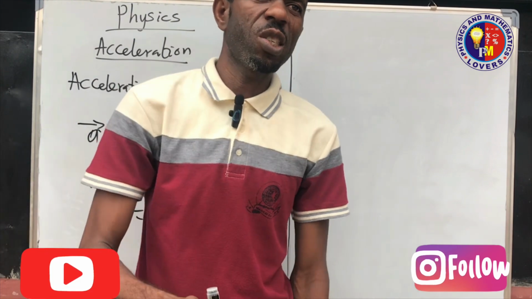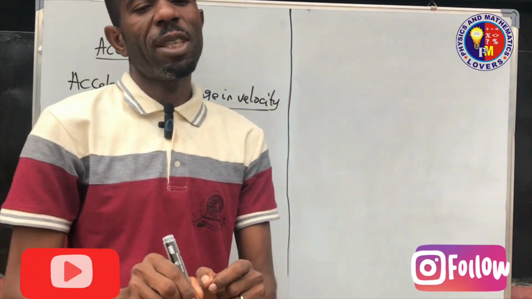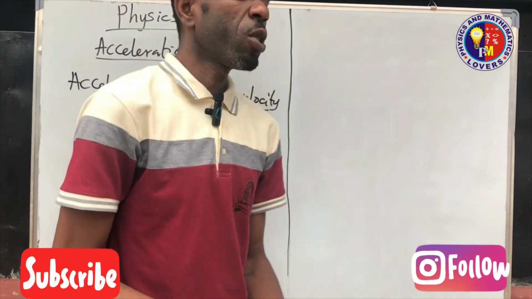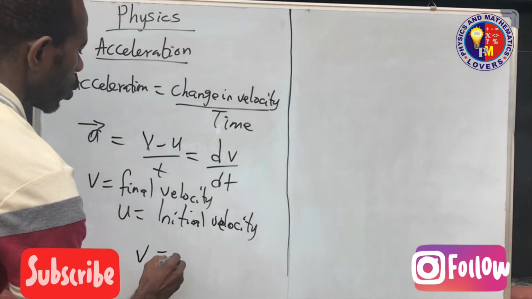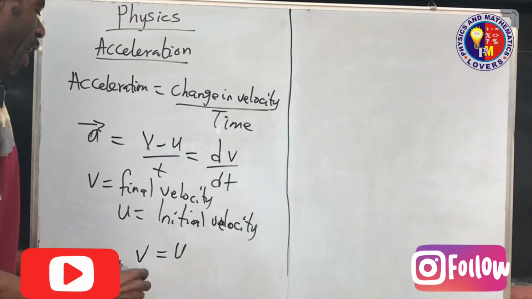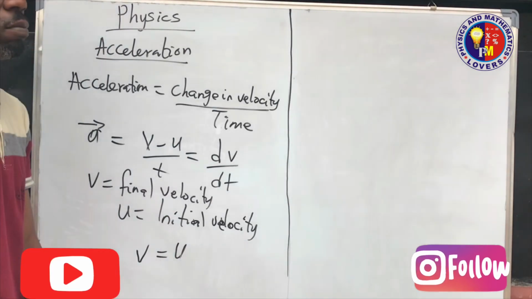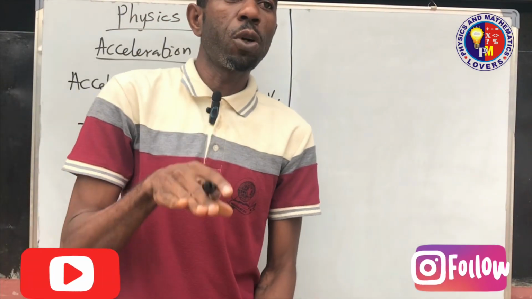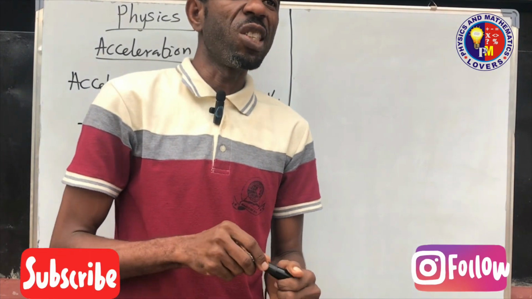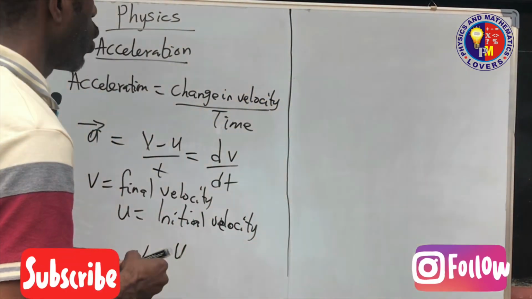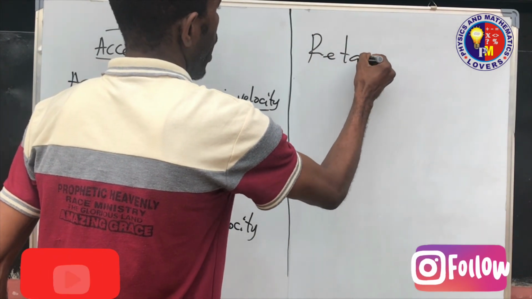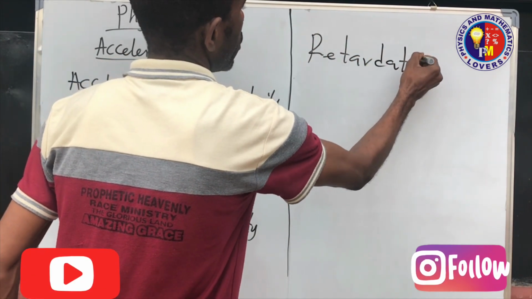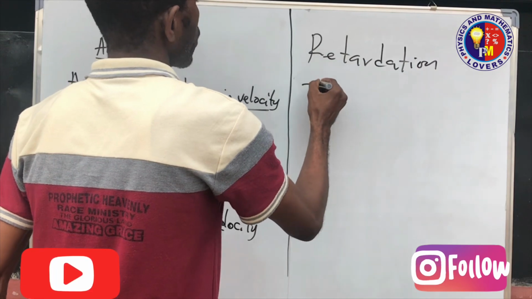As it decreases, it will get to a time when the velocity becomes 0. At this point, the car is brought down, which is called deceleration or retardation.